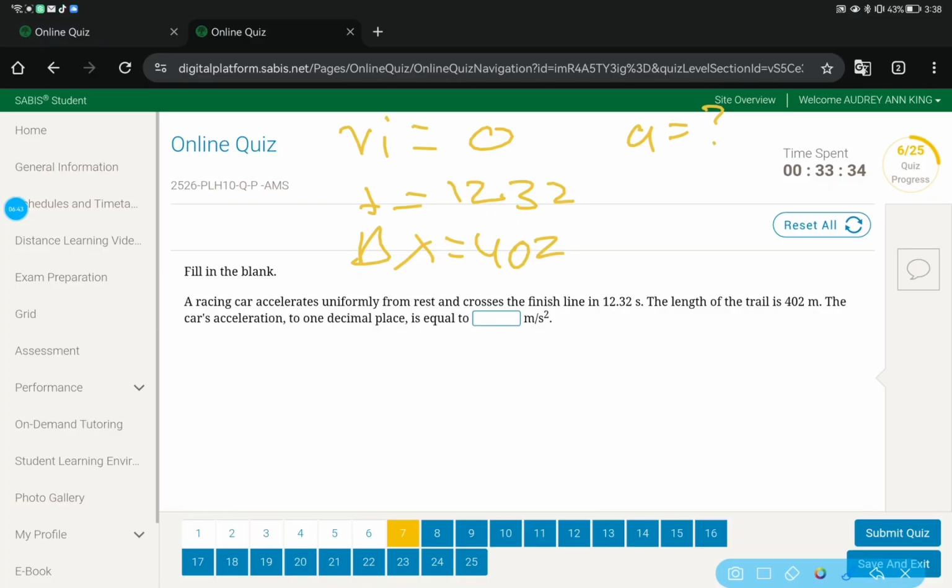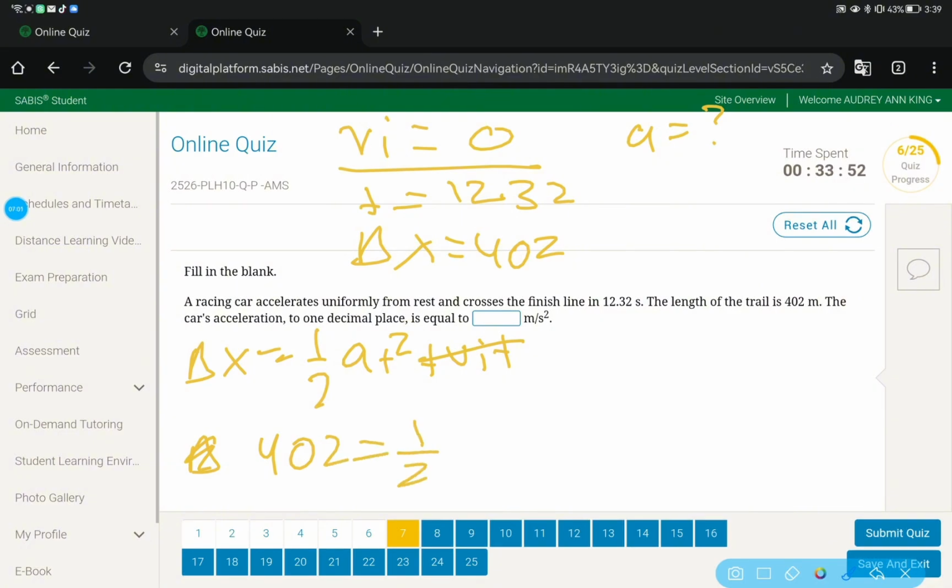I don't have velocity final, they don't want velocity final. So we're going to use this equation: delta x equals half of at squared plus velocity initial times time. Now again, velocity initial is 0, so we can just cross this out. So we get 402 equals half of a times 12.32 squared.